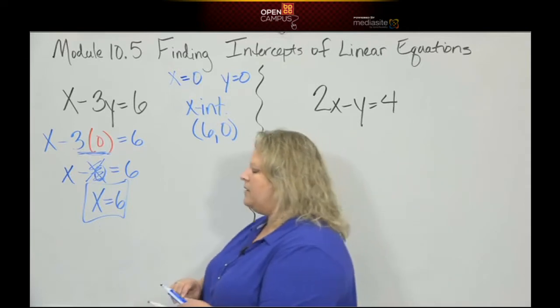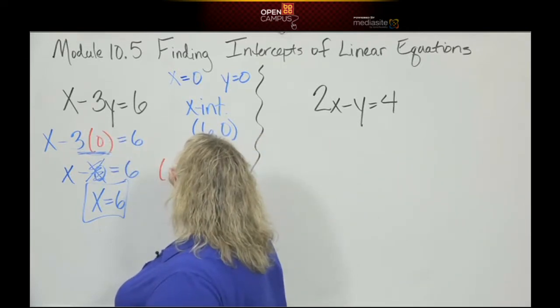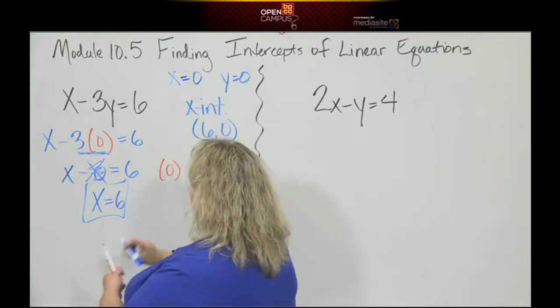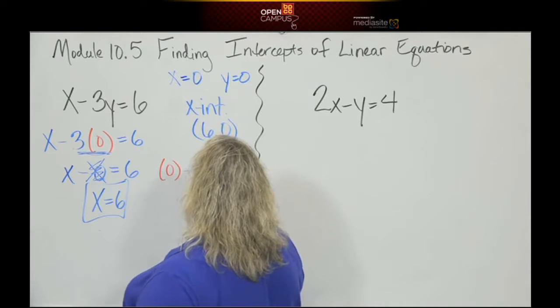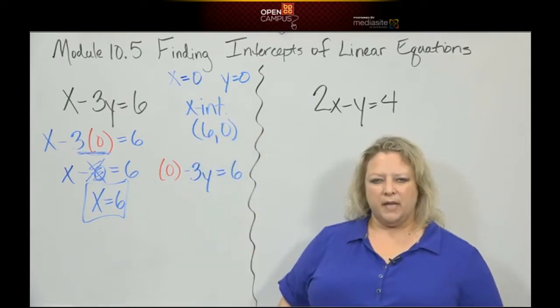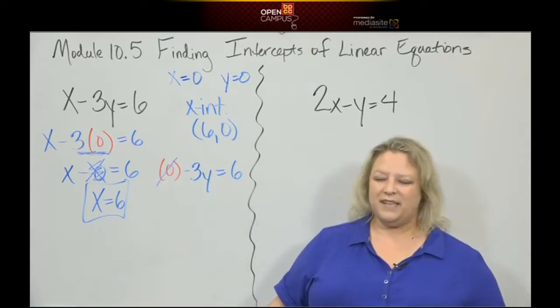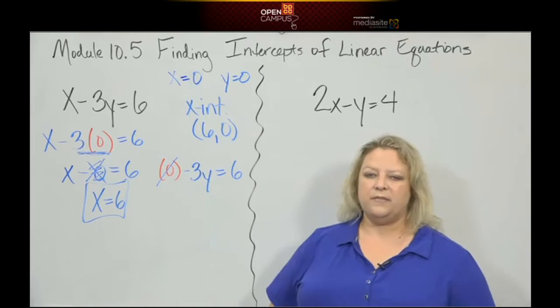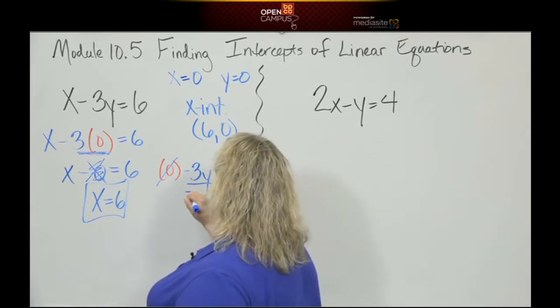So let's do that. Now I'm going to replace x with 0: 0 minus 3y is equal to 6. Well, 0 minus 3y, what does that give me? 0 doesn't change the value of anything, so this stays negative 3y. So all I have to do now is divide by negative 3.